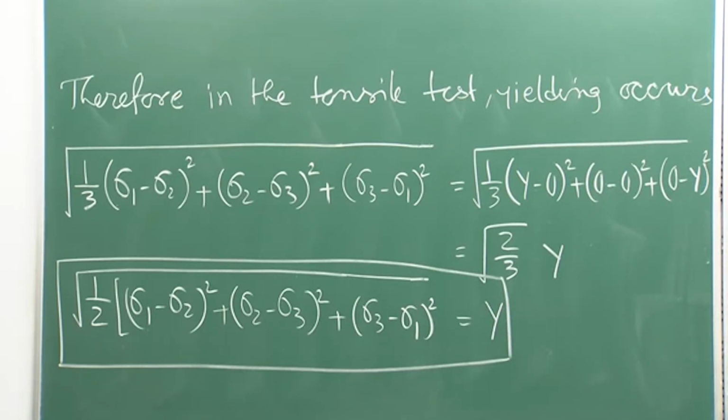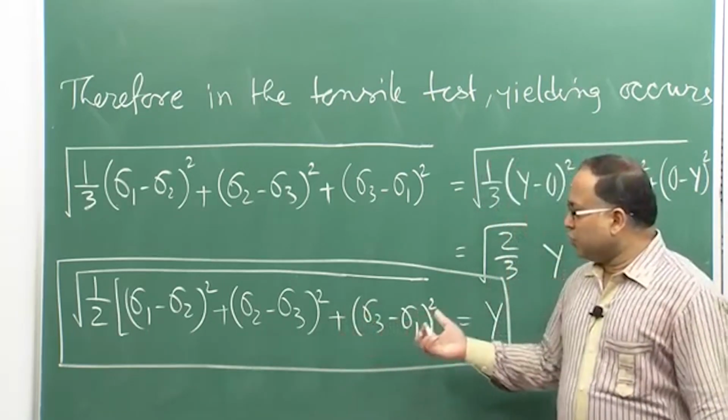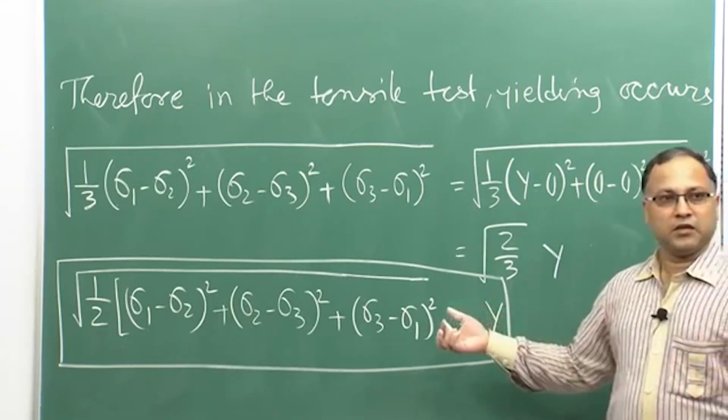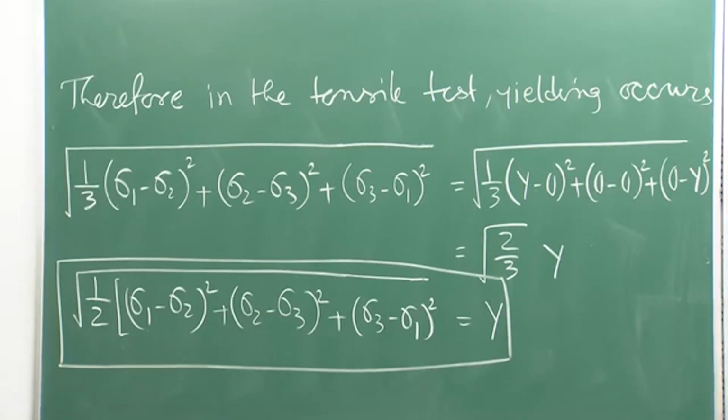So 3-dimensional state of stress. So under the action of sigma 1, sigma 2, sigma 3, now for the combination of sigma 1, sigma 2, sigma 3 which will satisfy this condition, okay. So that condition or that situation will cause the yielding, okay.